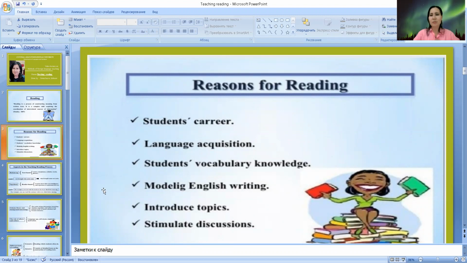When you can read, first of all, you can speak in English. So you can introduce topics, for example, what are you reading? And then you can stimulate discussion. For example, if you read one text, you can discuss it: what about this text?